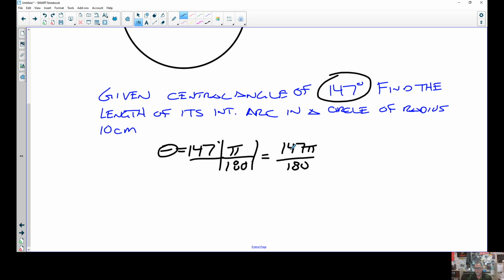So I'm just going to leave it like that. And I'm going to say S is equal to R, which is our 10 centimeters, times our theta, which is 147 pi over 180. And the degrees have canceled, right?